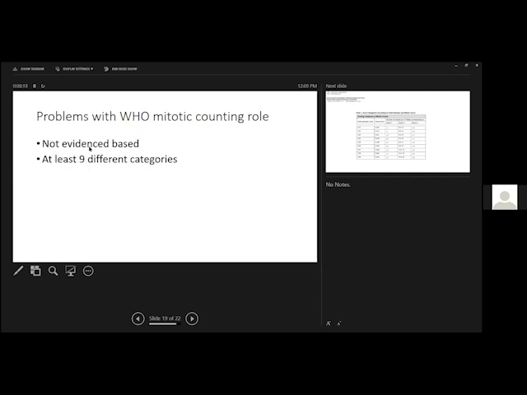But for what is recommended by WHO, I didn't find an evidence-based study for this 10 high power fields in the new microscopes. And second problem is we have at least 9 different categories in this field of area.